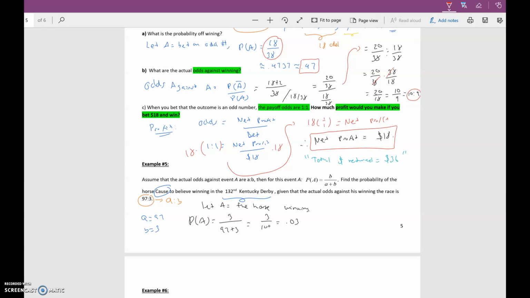So our main answer is 3 over 100 or 0.03. Some of these problems may want it as a percentage. That would be sufficient if it doesn't mention anything about a percentage.